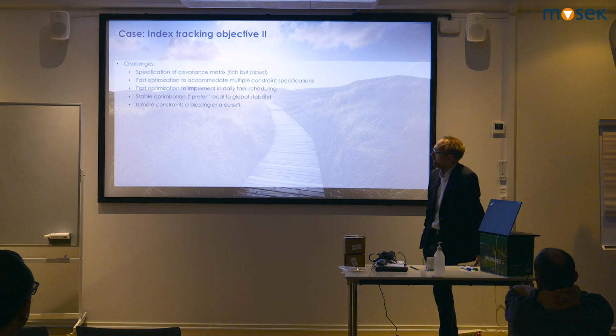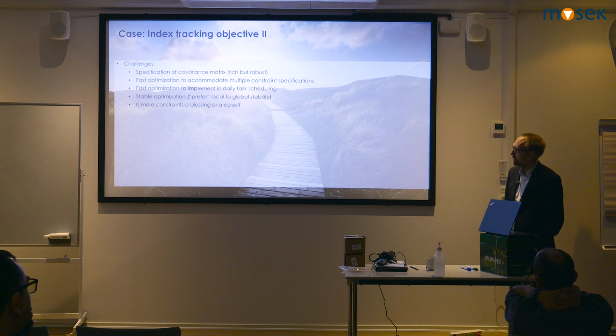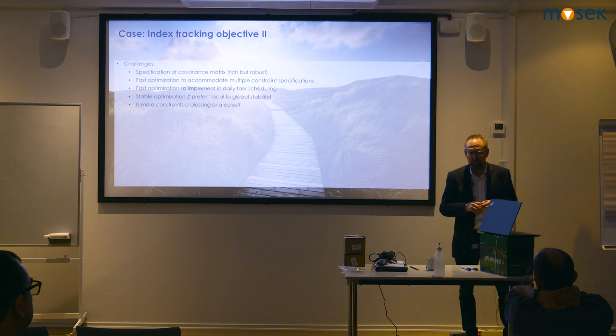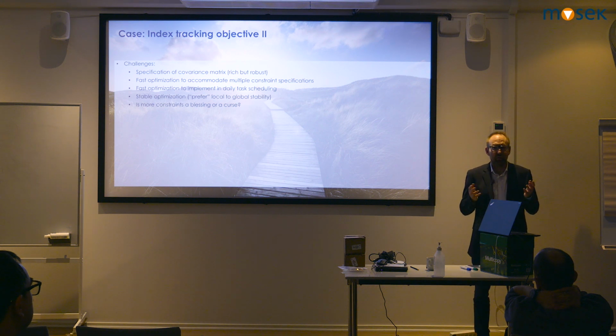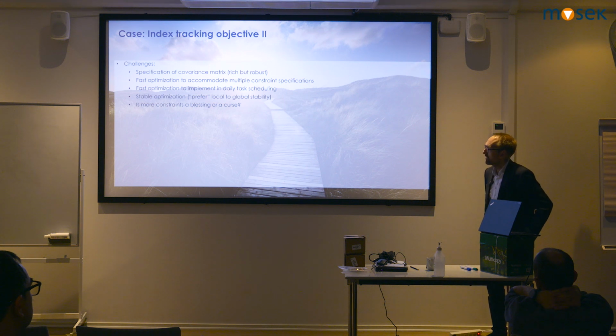And then there's an issue that we're still struggling a lot with, or not sure exactly what to think about. Some people believe that putting more constraints is a good thing, because the more you constrain your problem, the fewer options there are, so one may think it is easier to find a solution. On the other hand, at least in this mixed integer setting, I'm not sure that's exactly the case.